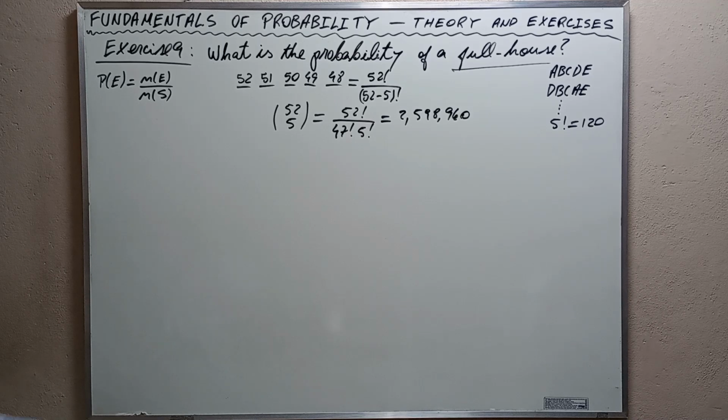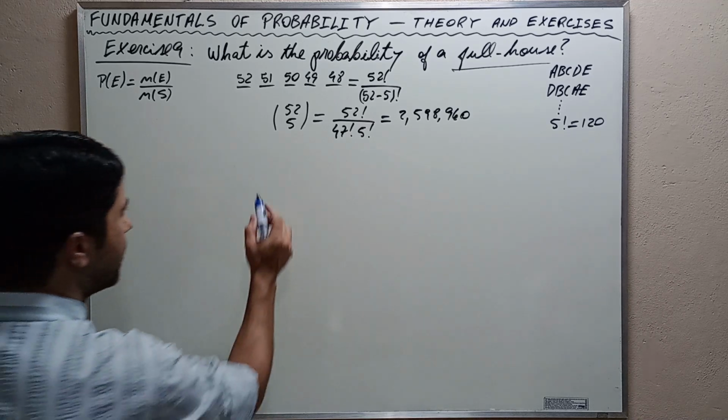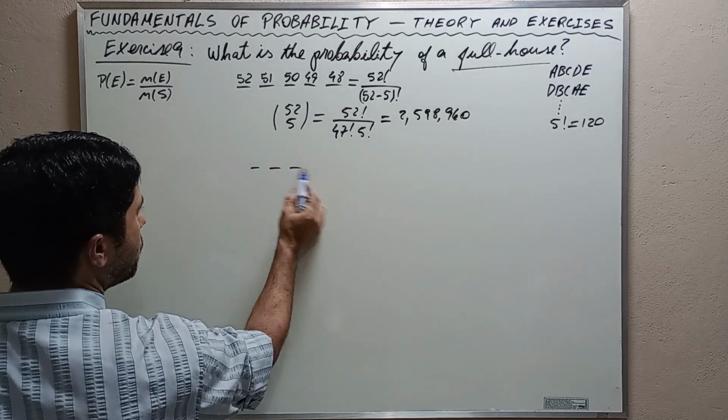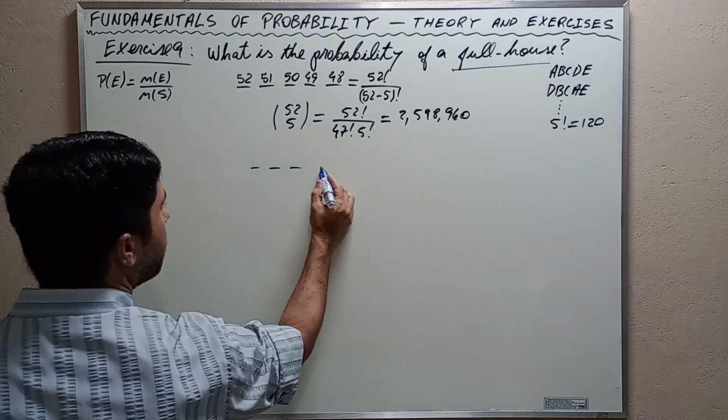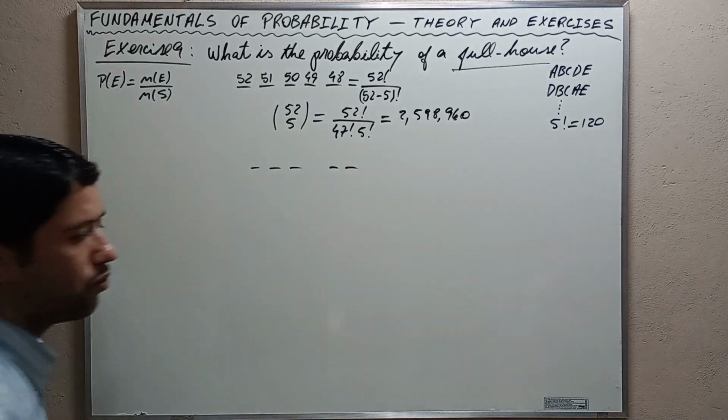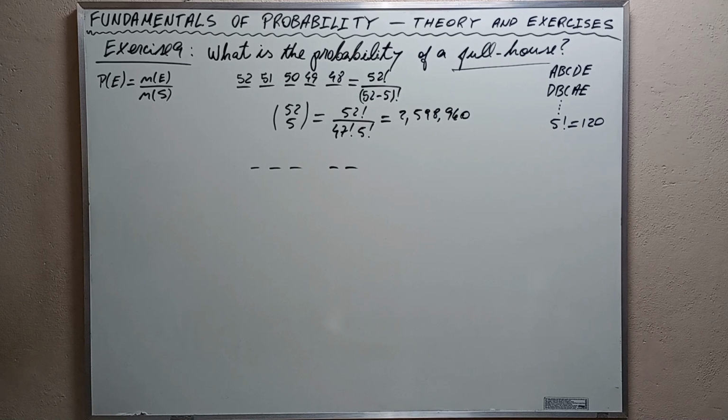For example, imagine that I have here 3 positions. We understood that a full house is comprised of 3 cards of the same rank, varying the suit, and the other 2 cards of the same rank, varying only the suit.